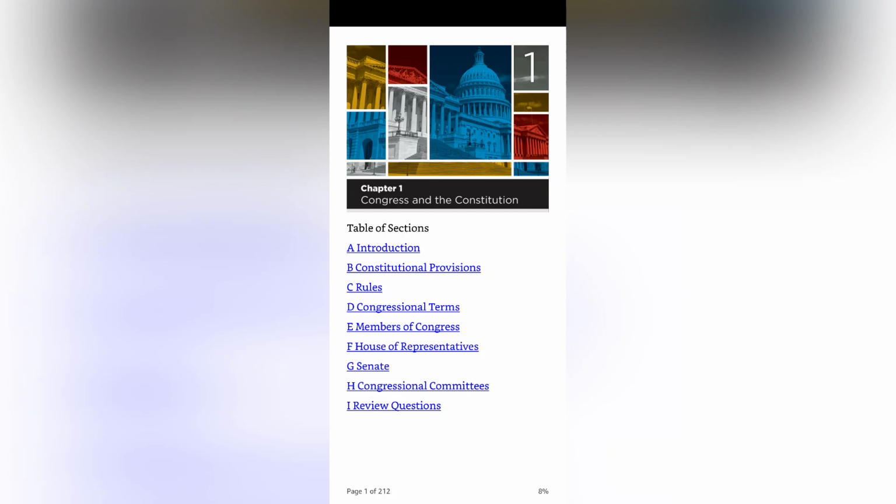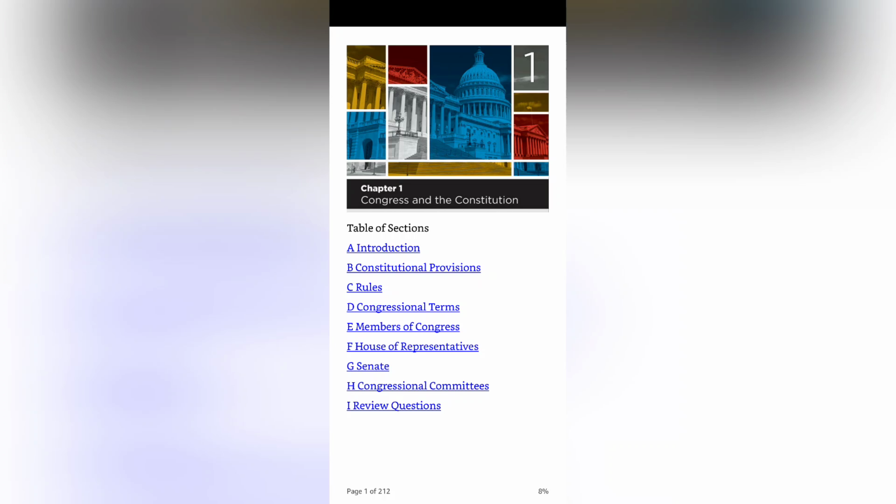Article 1, Section 3 states that each state is represented in the Senate by two senators elected for 6-year terms who must be at least 30 years old, have been a citizen for at least 9 years, and must also be a resident of the state from which they are elected.